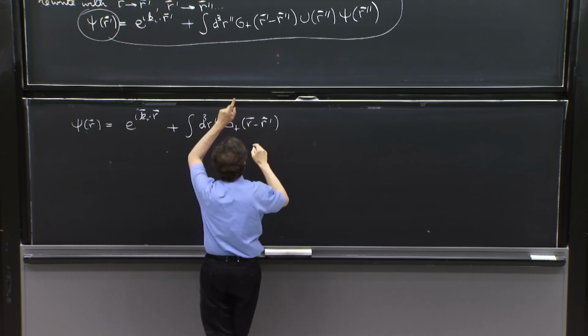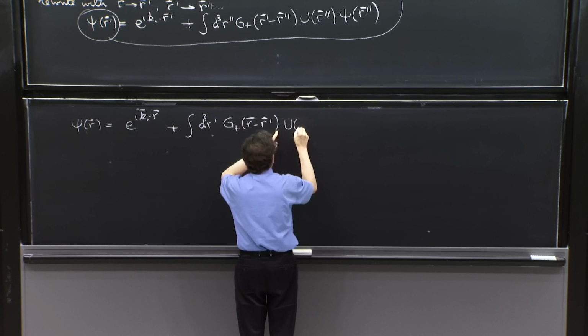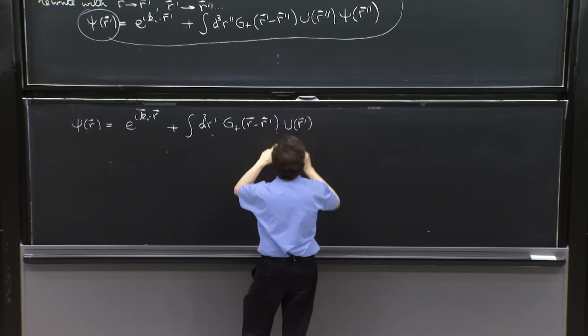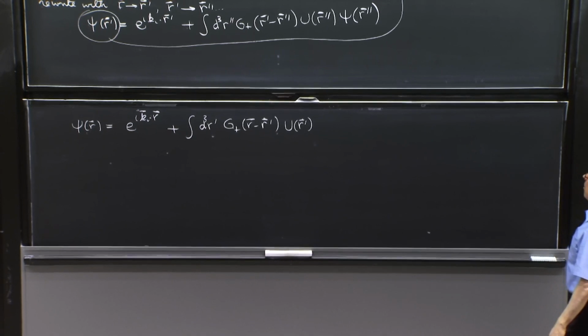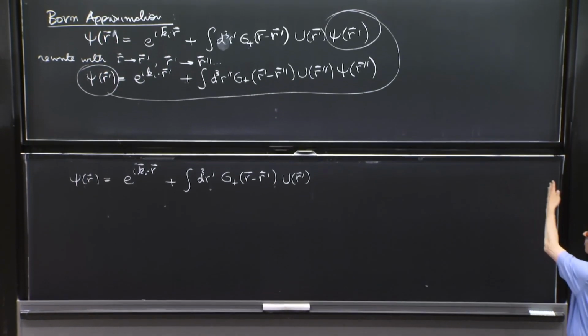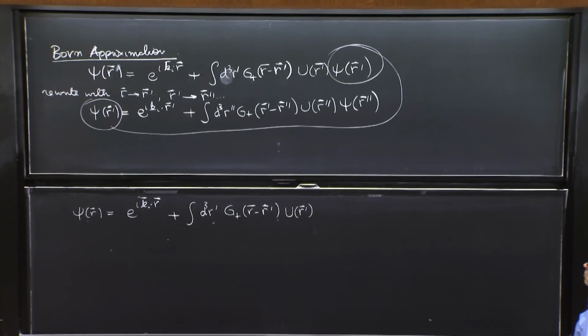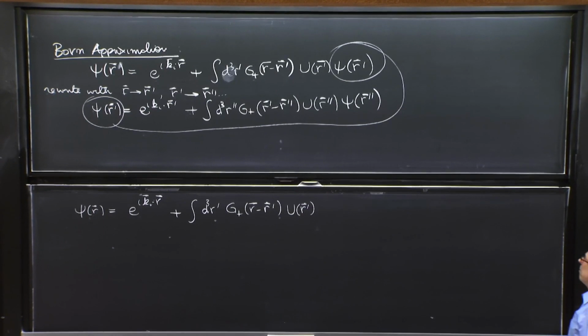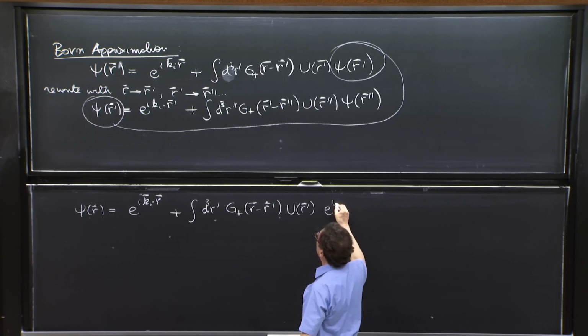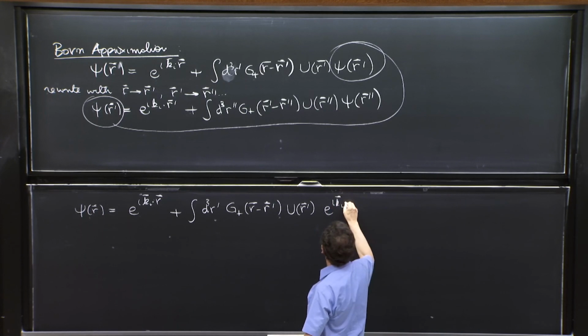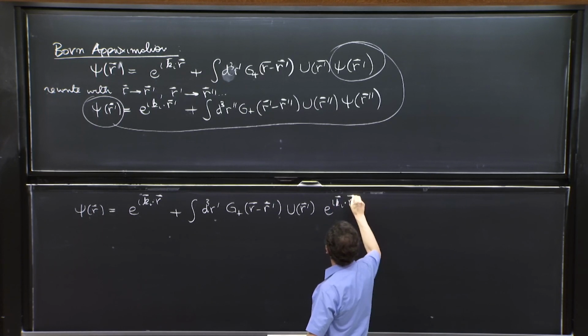I'm still copying the first equation, u of r prime, and here is where the first change happens. Instead of psi of r prime, I'm going to put this whole other thing. So I'll write two terms. The first is just having here e to the i ki r prime.